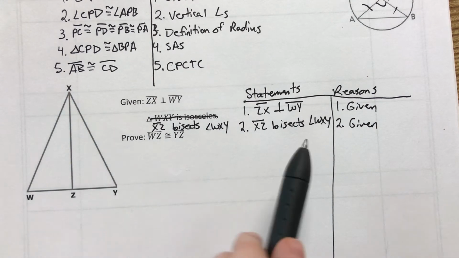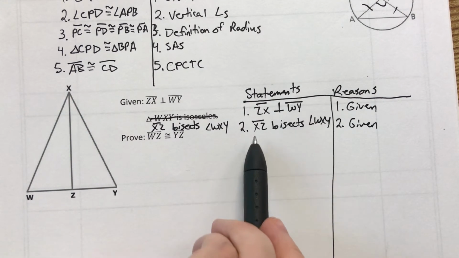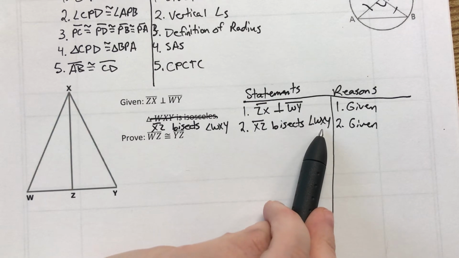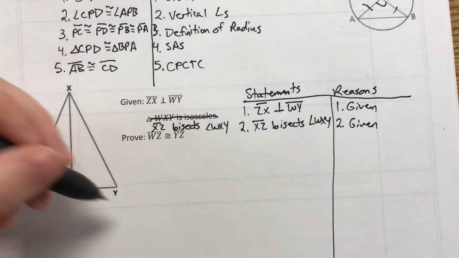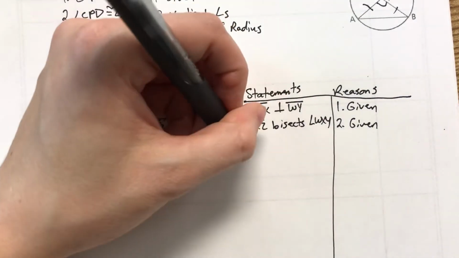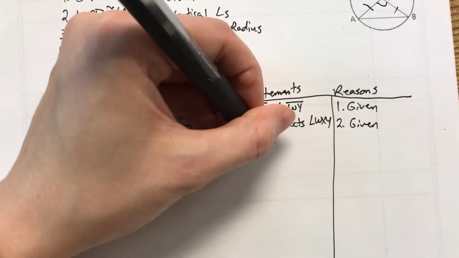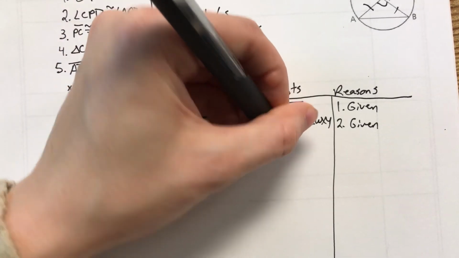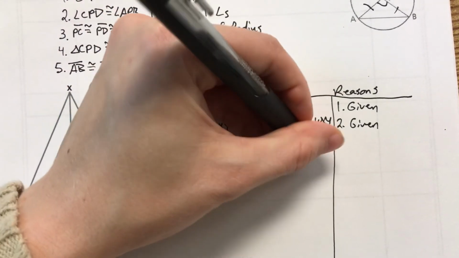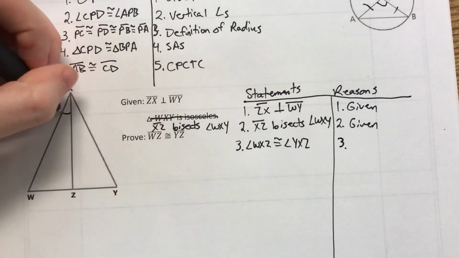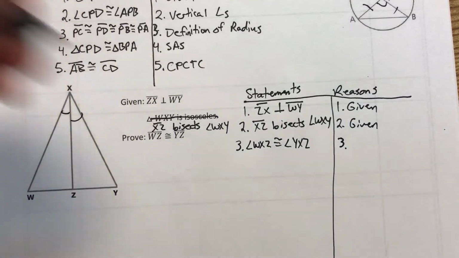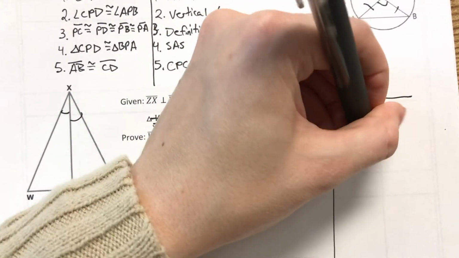So one thing I see is this bisect word. And I know that if an angle is bisected, it's split into two congruent angles. So if XZ bisects, that means that WXZ and YXZ are the same. So I'm going to put that in my proof. Angle WXZ is congruent to angle YXZ. And the reason for that is the definition of bisector. I know that a bisector creates two congruent angles.